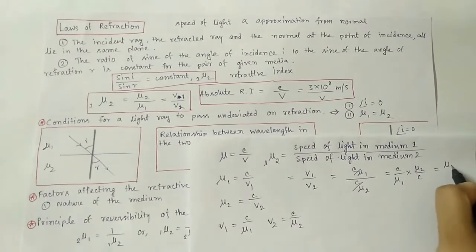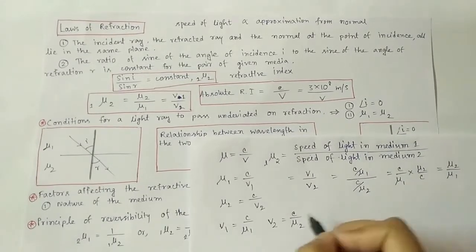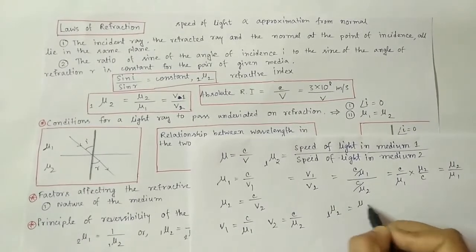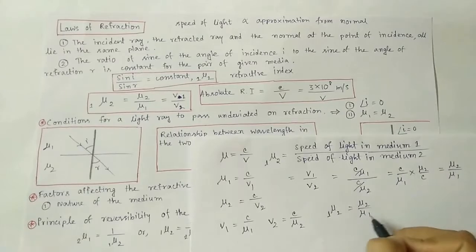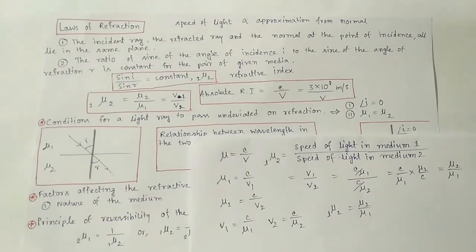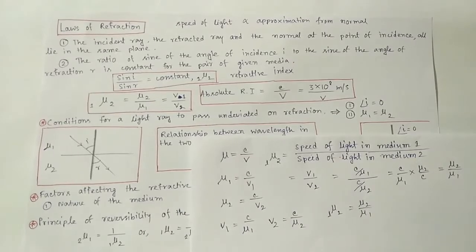So the final thing will be mu2 by mu1. So we can conclude that 1mu2 is equal to mu2 by mu1. This is the formula I have written over here. You have to remember the formula while determining the refractive index of any other medium.